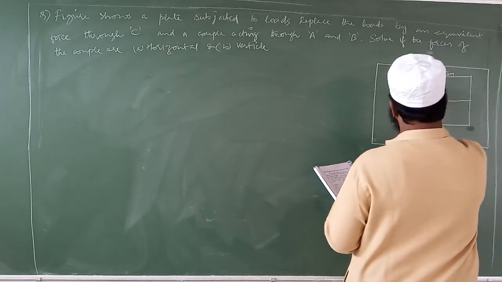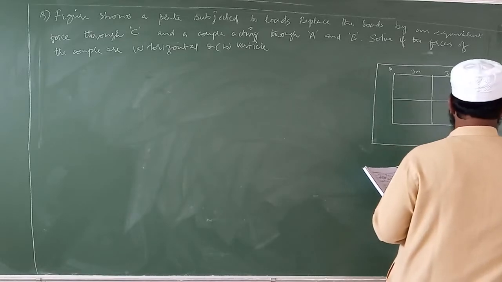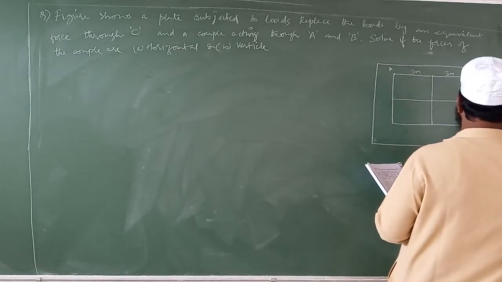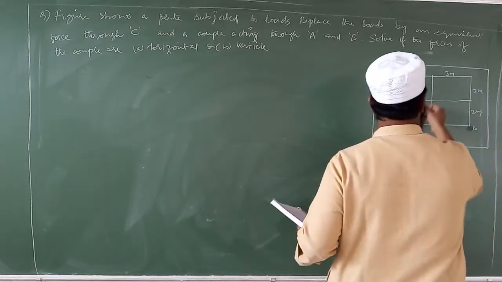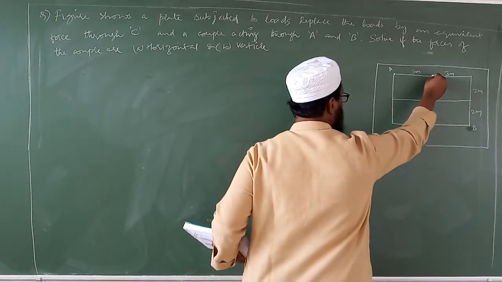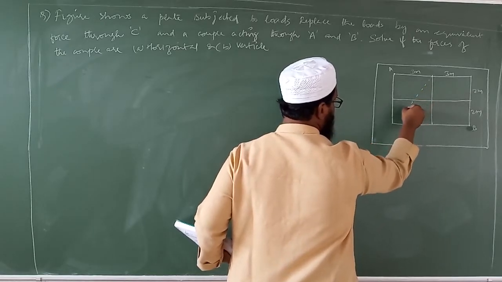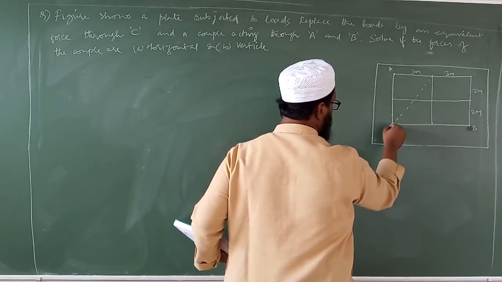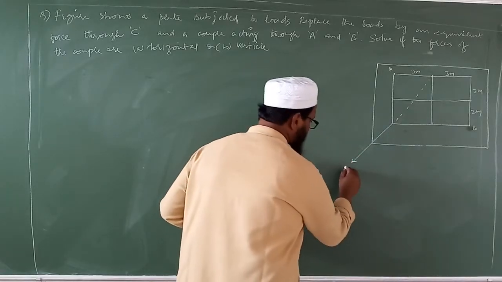3 meter. This is point A. This is point B. 2 meter. And we have a force from here, like this. One force is 450 newtons.